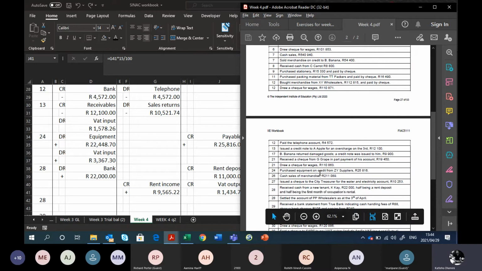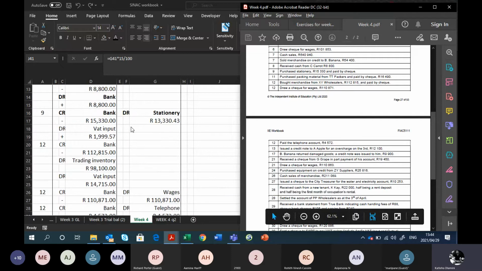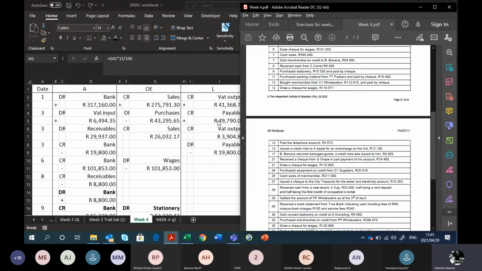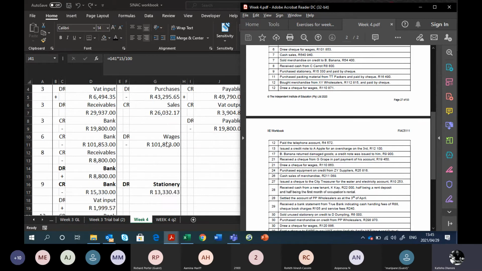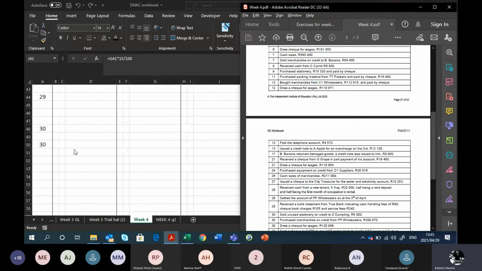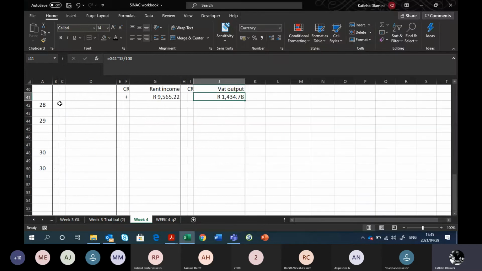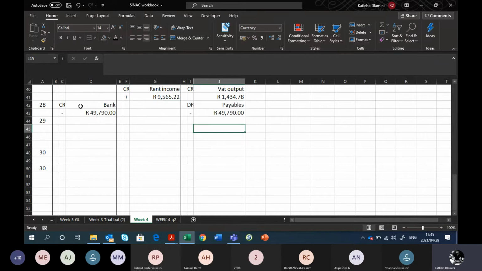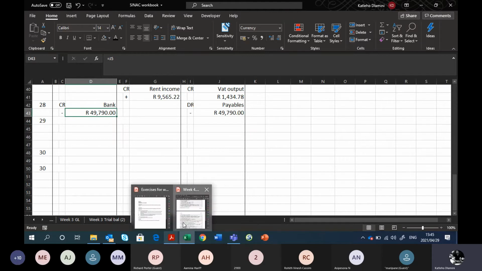Other than that, we just paid them the 49,000 that we had bought with. So if I scroll all the way up, there it is. We owe them 49,770. I didn't see any other ones. I could be mistaken. Okay, there were no other ones. So you're going to debit your payables 49,700, and you're going to credit your bank account because you are paying your creditors.